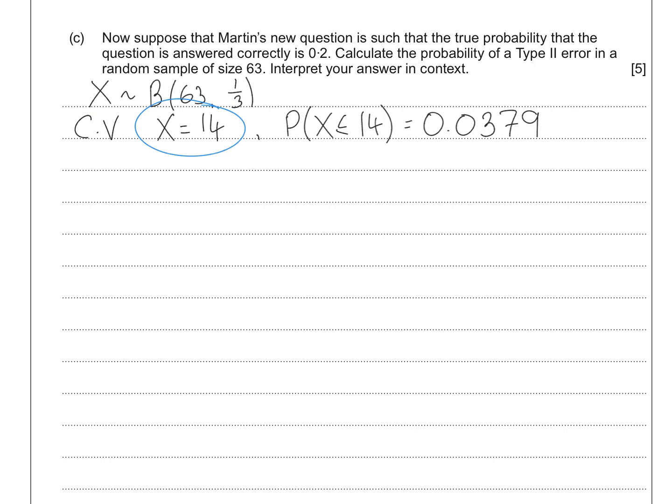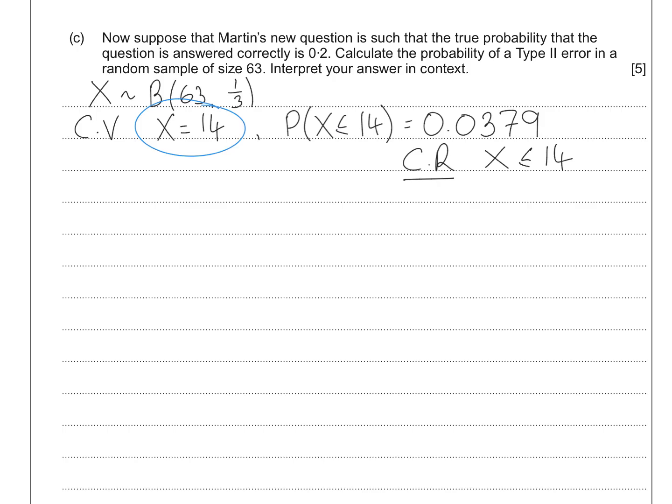Now just to remind you, the probability of a type 2 error is the probability that something is in the acceptance region under the new distribution, or under the given distribution. So if we know that the critical region is x is less than or equal to 14, that means if x is in that region, we would reject H0, but for a type 2 error to have occurred, we need to have accepted H0.